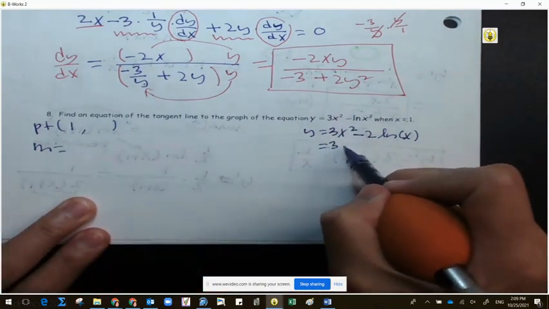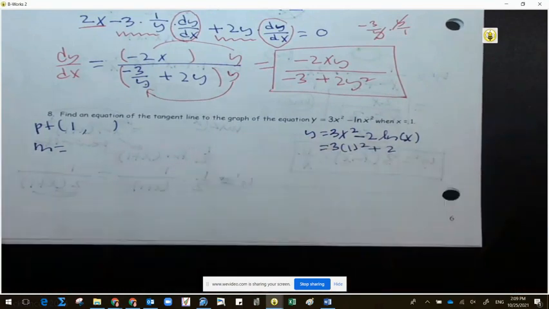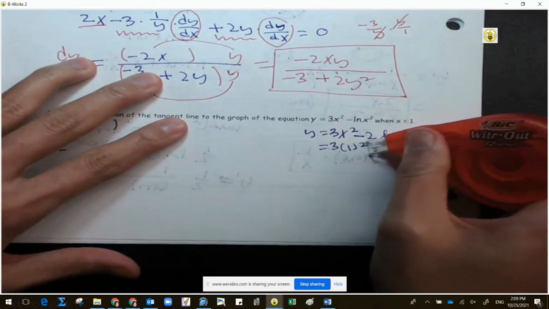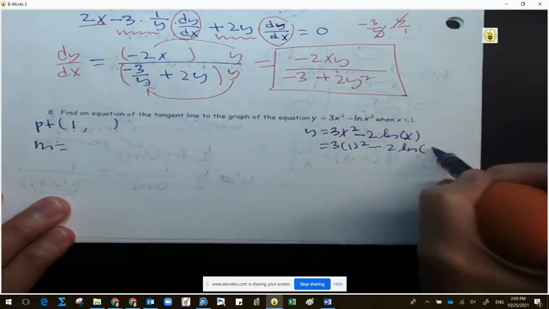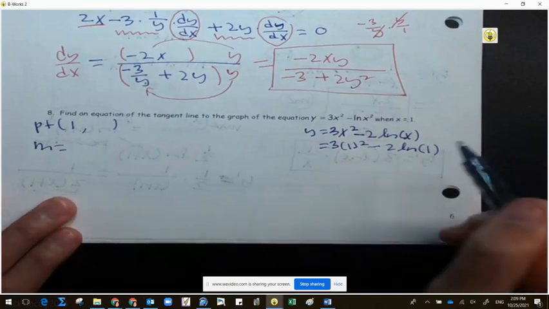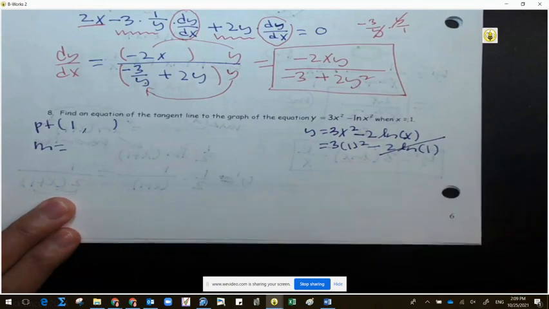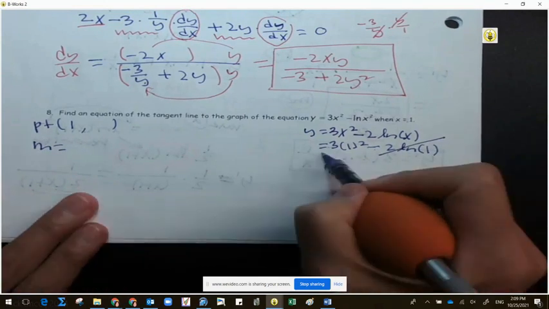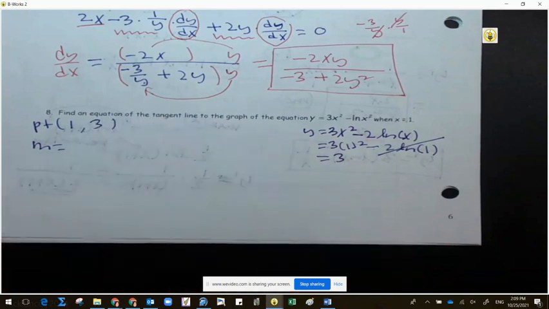When I do, I get 3 times 1, all squared, minus 2 of the natural log of 1. Isn't natural log of 1 0? Yes. So taking a 0 times 2 is not going to help us. So we know the y value is 3. Plug that in. So our point is 1 comma 3.